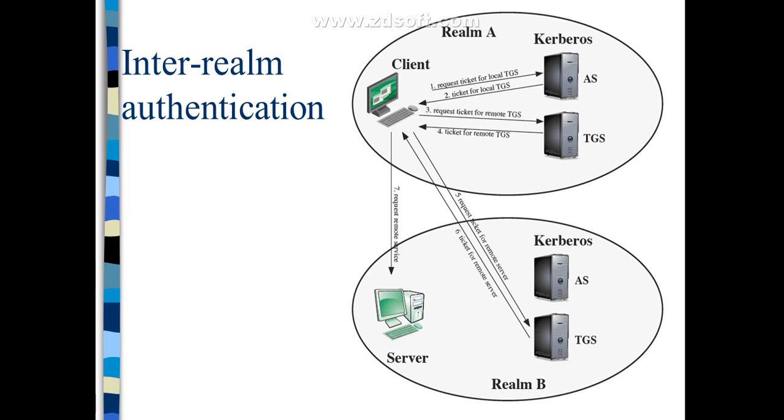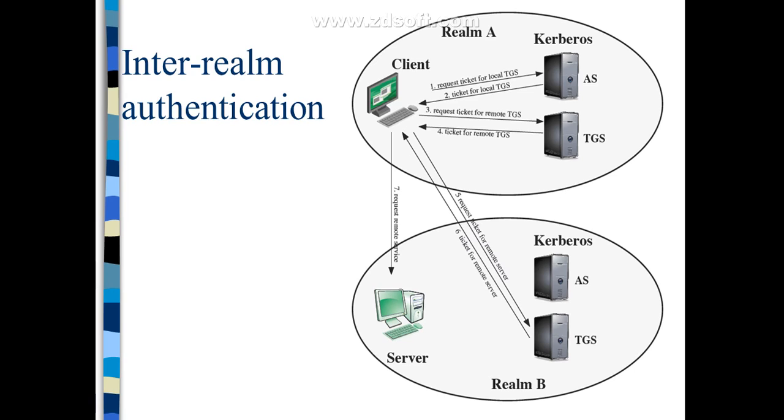Now the TGS will issue a ticket using which the client can directly communicate with the server of that particular realm and use the services. So in the 6th communication, the remote TGS in realm B will be issuing a ticket for the remote server to the client.